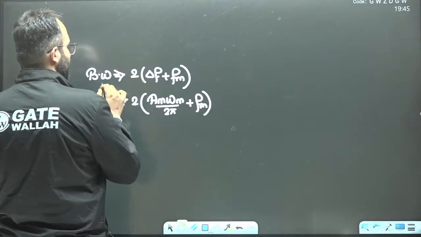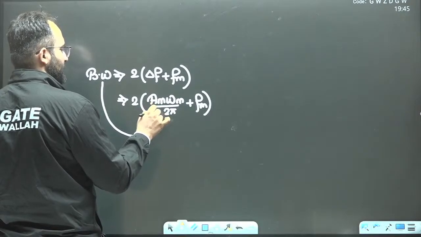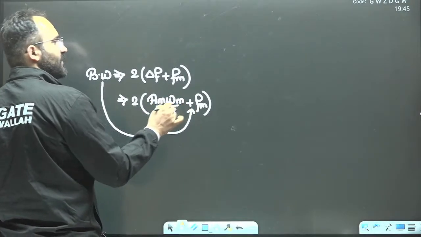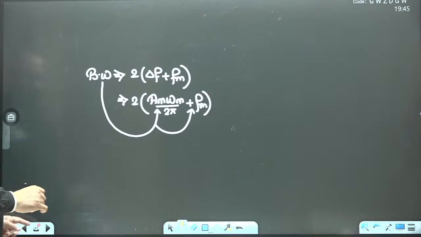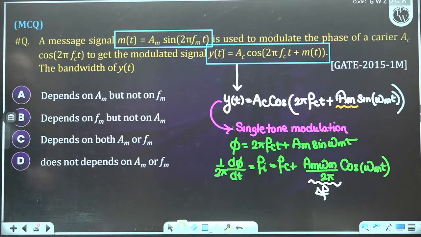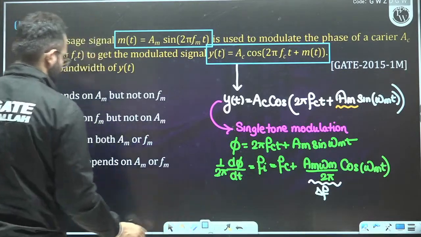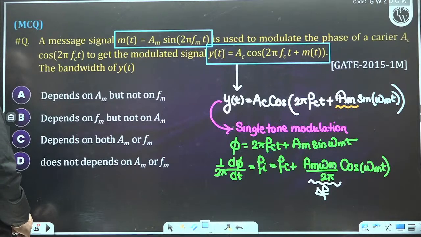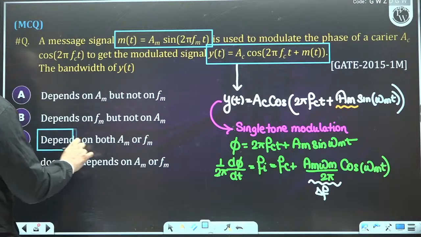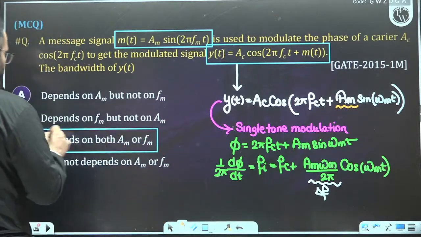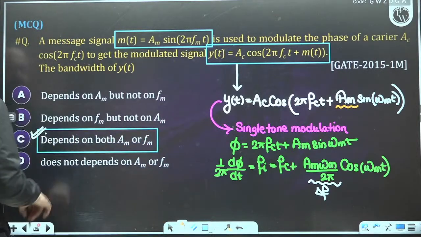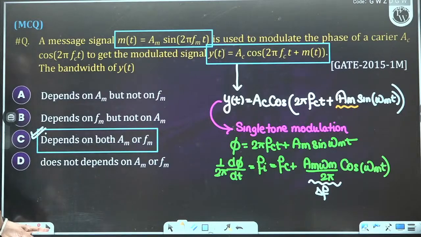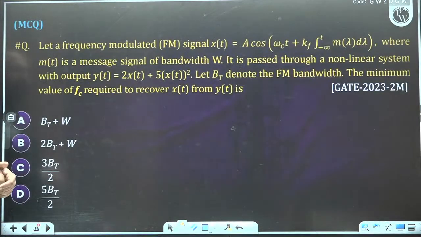We can see that the bandwidth is dependent on the amplitude, and it is dependent on fm also. So it is dependent on both Am as well as fm. So C is the correct answer. Very simple question. I hope all of you are able to do it.